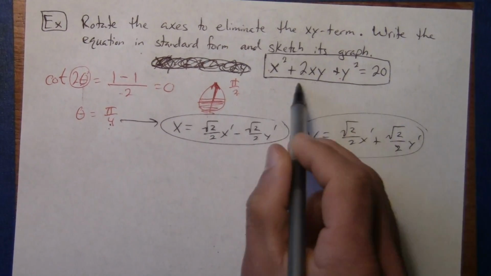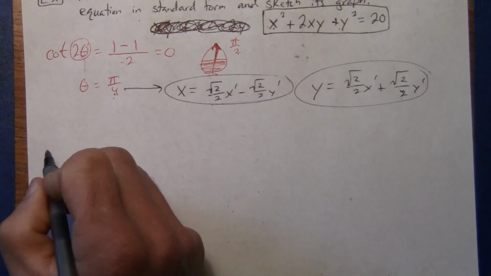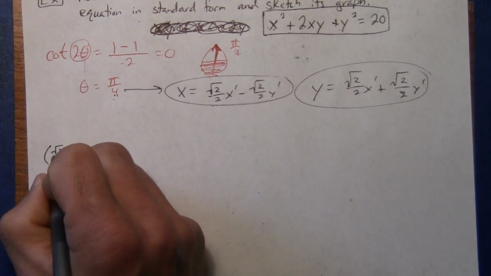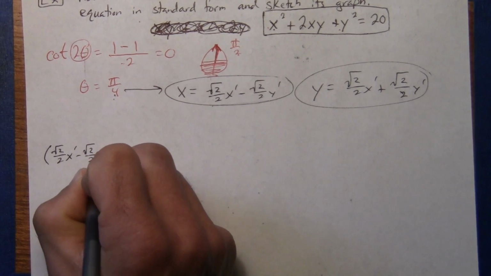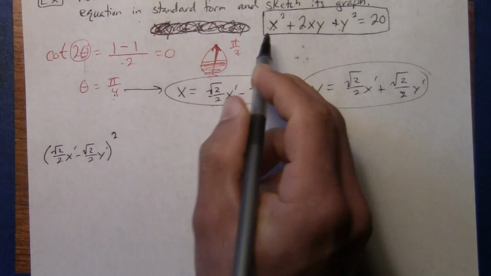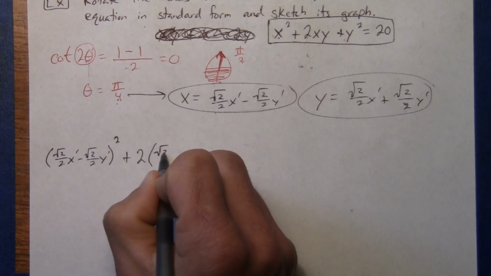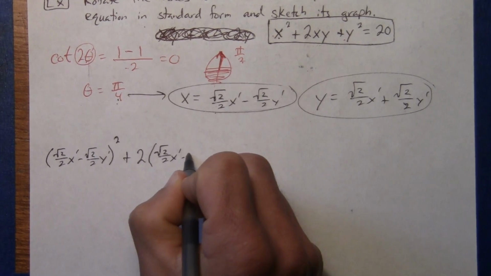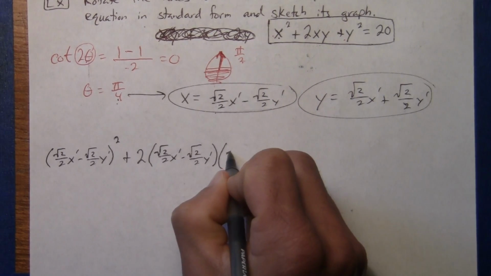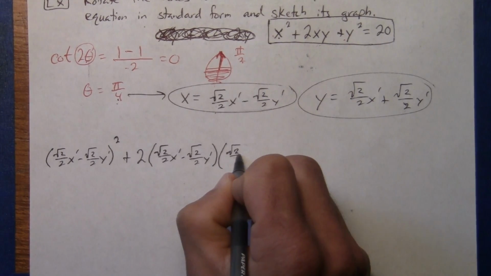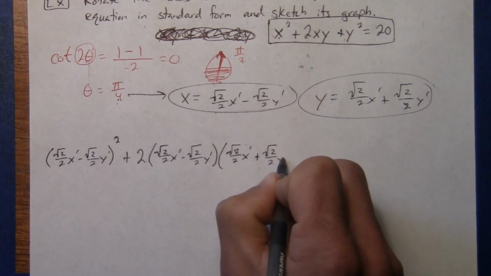All right, and then there's the equation. You see there's a little bit more going on here. So now I have to write x squared, so this squared. So it's square root of 2 over 2 x prime minus square root of 2 over 2 y prime, quantity squared, there's x squared, plus 2 times x, which is square root of 2 over 2 x prime, minus square root of 2 over 2 y prime, there's x, times y, which up here substitution says that's square root of 2 over 2 x prime plus square root of 2 over 2 y prime.